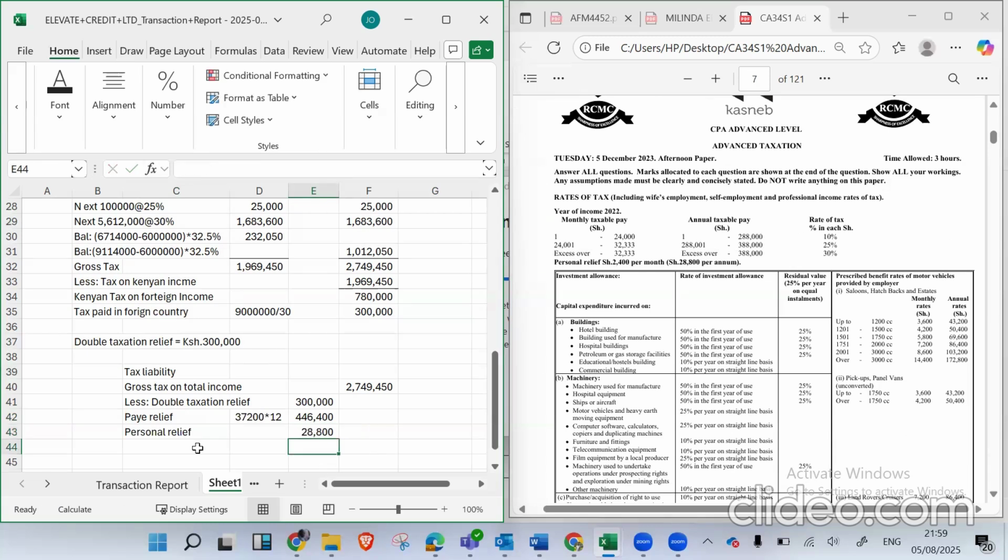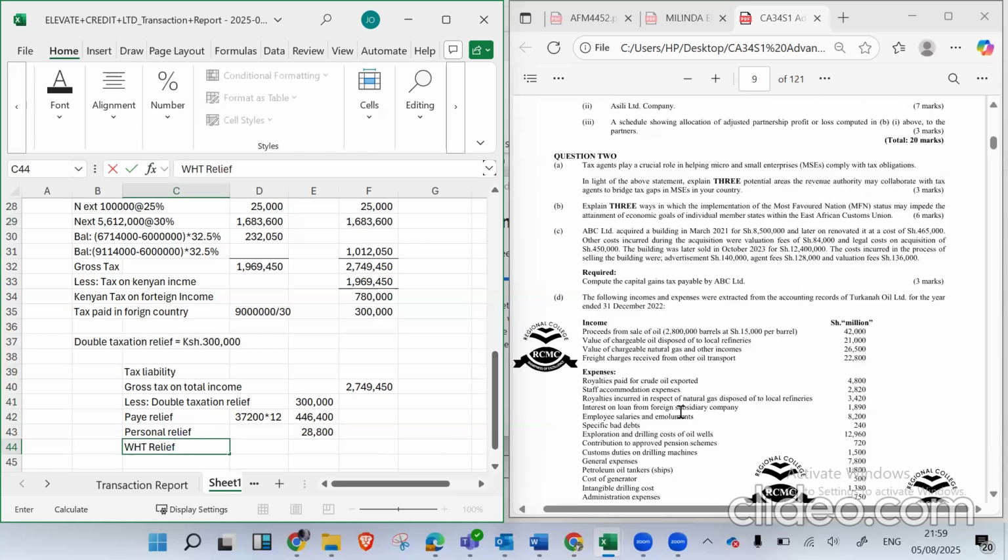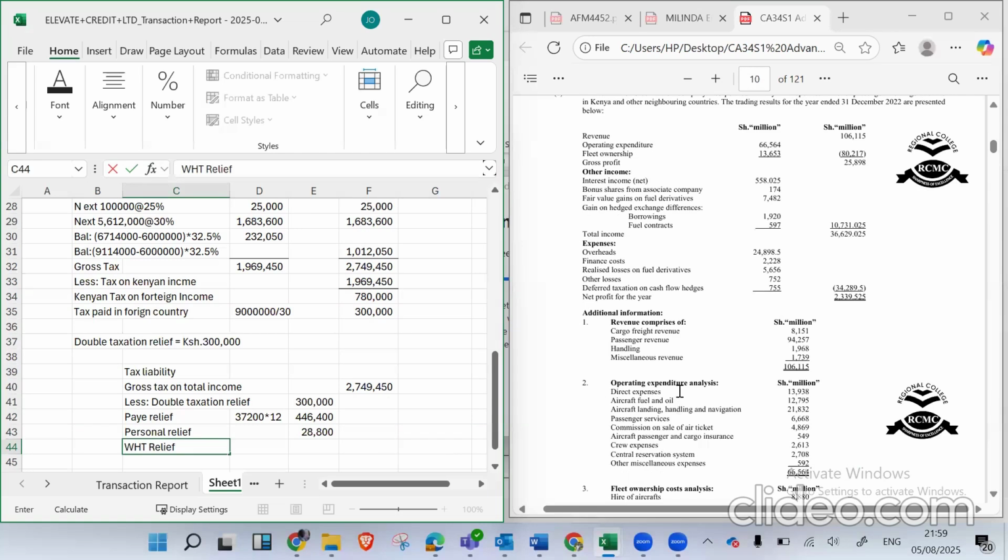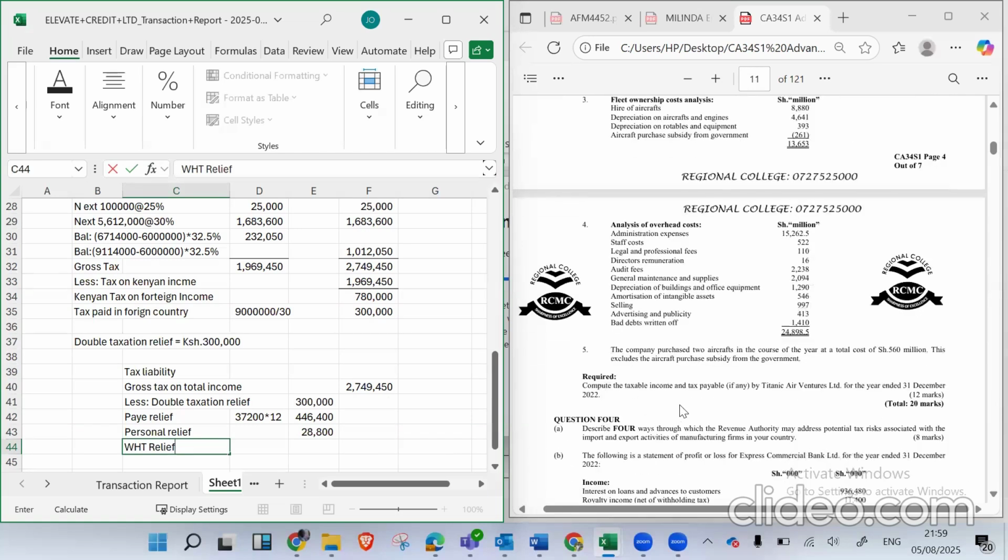Pia kuna withholding tax relief. Kama tungekuwa nayo in our case, the withholding tax relief haiko, the interest that was there was not subjected to further taxation. I think that is it. So this one is not there.